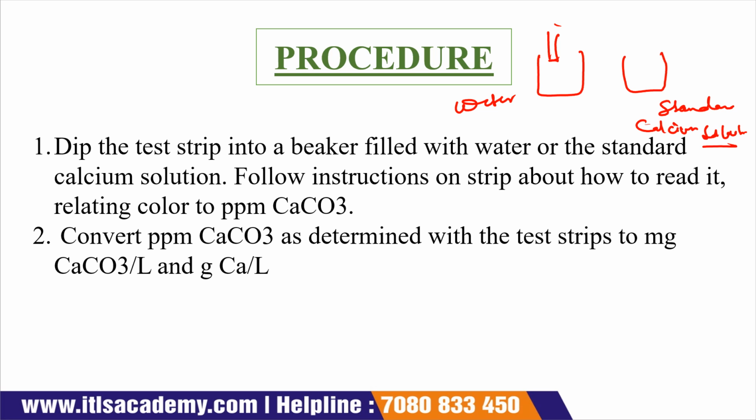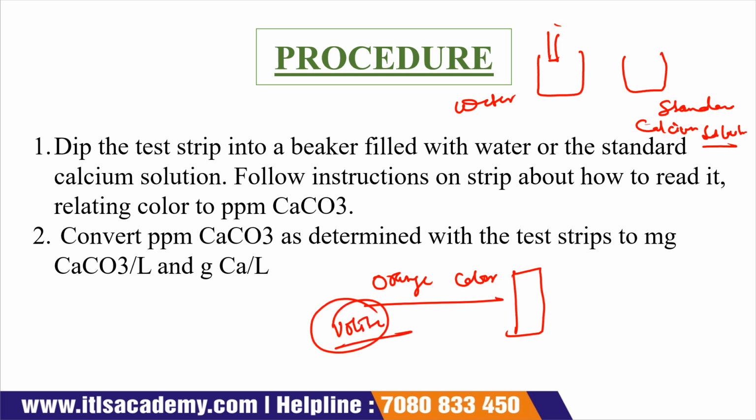Now we convert this ppm of calcium carbonate as determined with the test strip to milligram of calcium carbonate and gram of calcium per liter. This is very simple. Suppose we have a violet color in our strip.